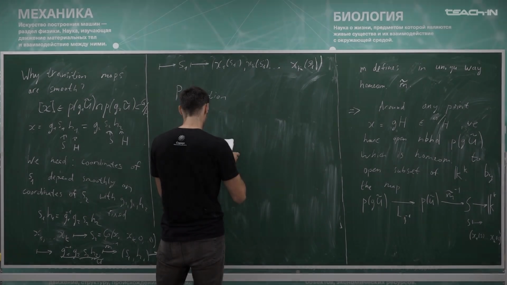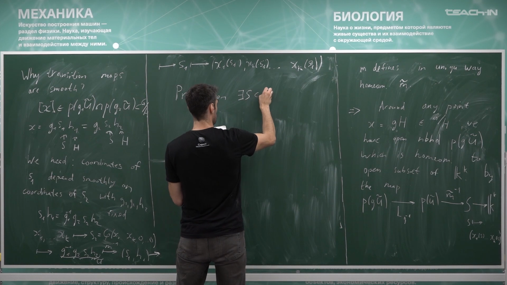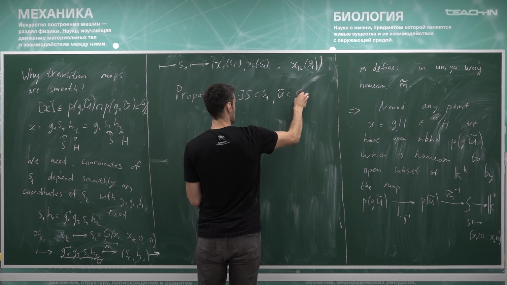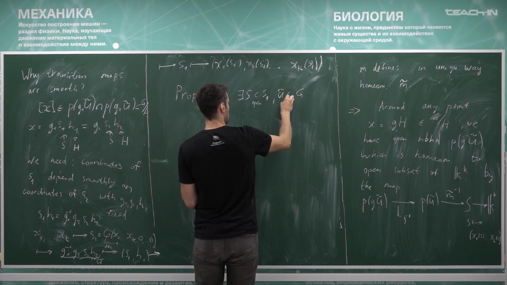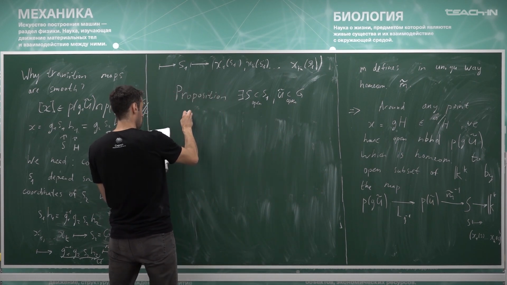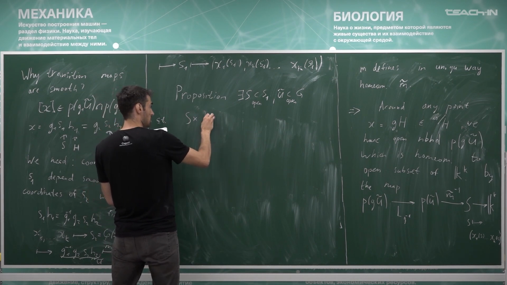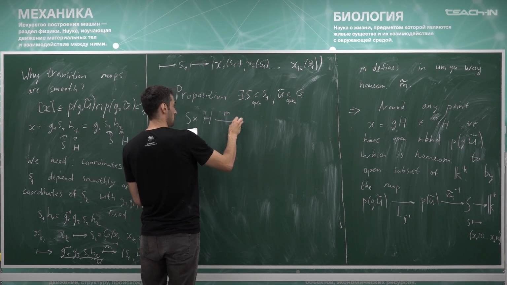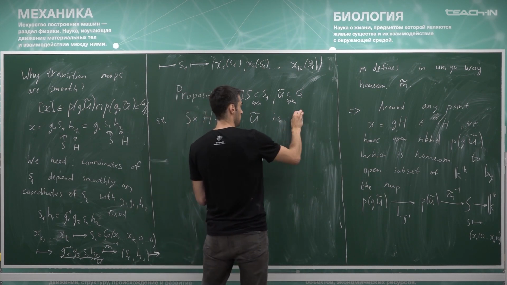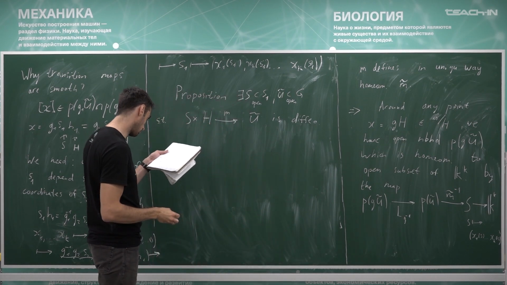So there exists some S inside S1 and U tilde in G, open here, such that the multiplication map, S times H by M to U tilde, is a diffeomorphism. Okay, proof.